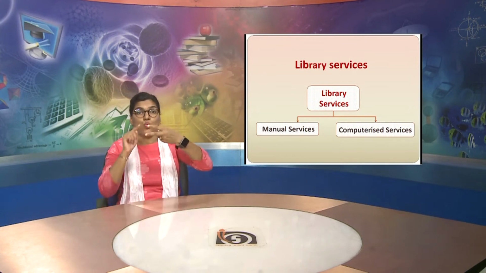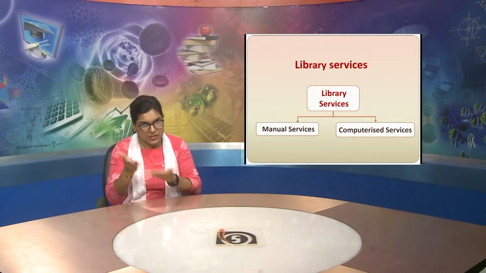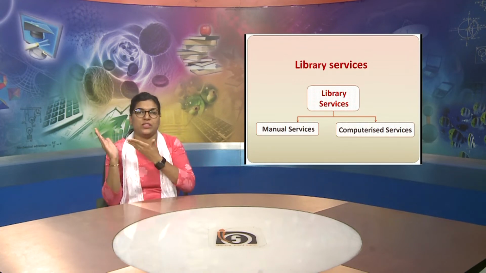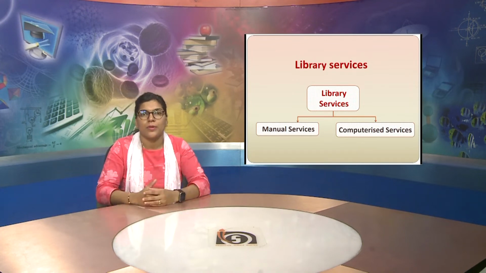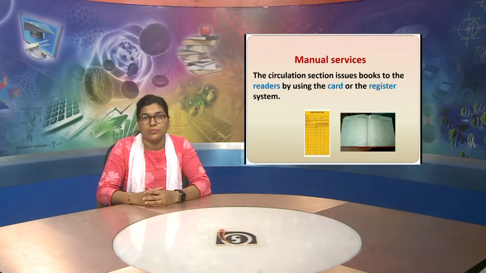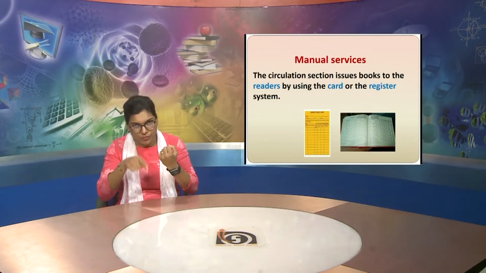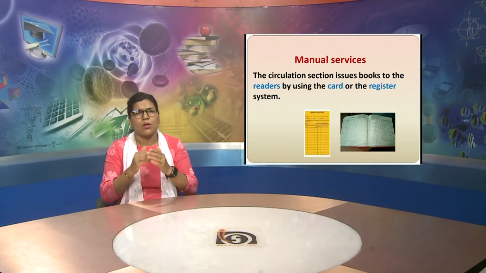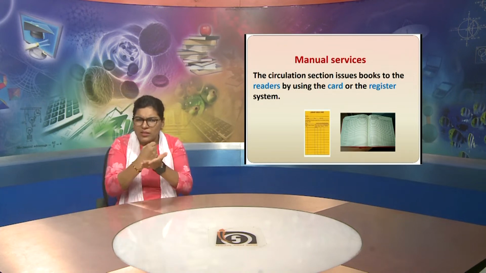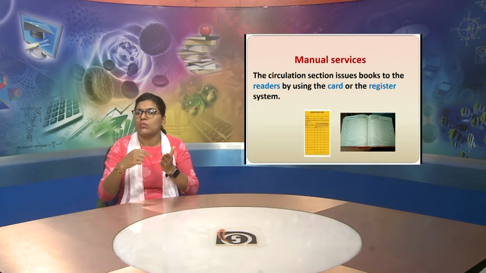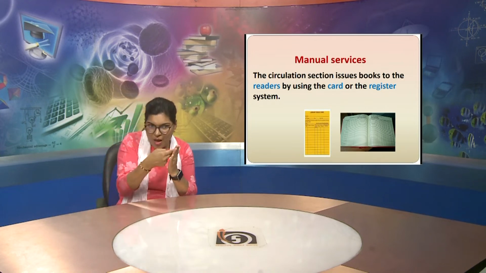So let us now understand the library services. It is mainly divided into two parts. The first one is manual services and the second one is computerized services. We will understand both of these services in detail. Let us first begin with the manual services. The circulation section issues books to the readers or users by using the card or the register system.